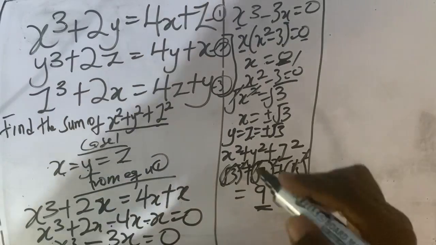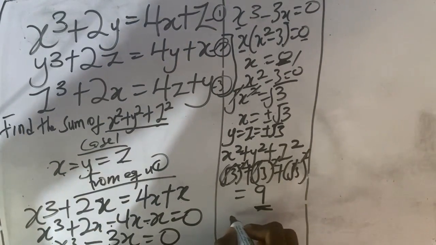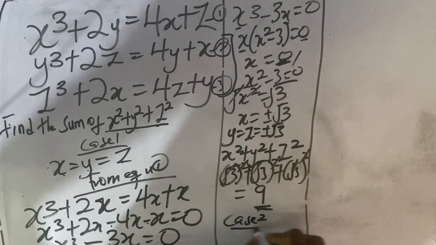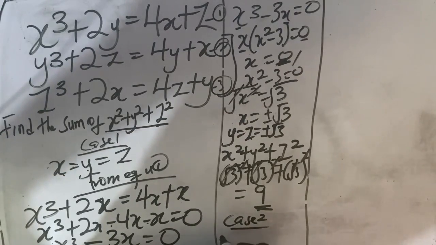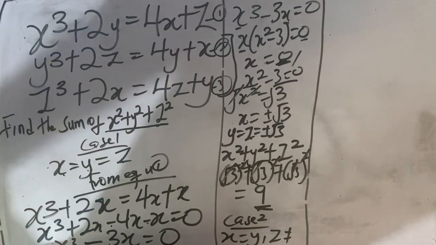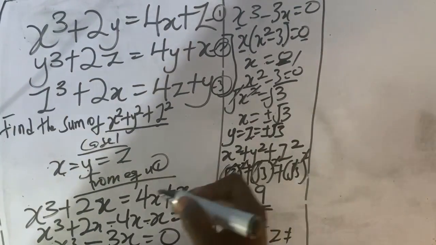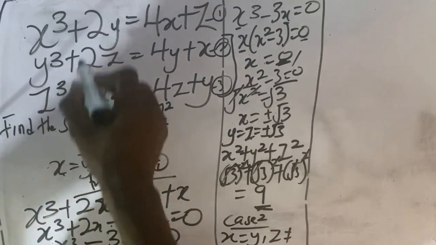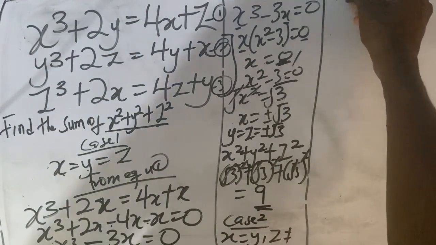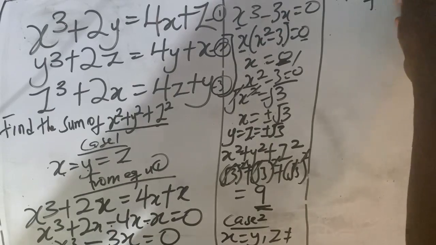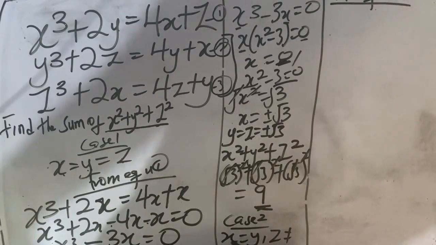Now let's look at the other case. We call this one case 2. This is a case where we have x being equal to y, but z is different, right? They are not equal. So if that is the case, we are still using equation 1. So in equation 1, remember in case 2, x equals y.